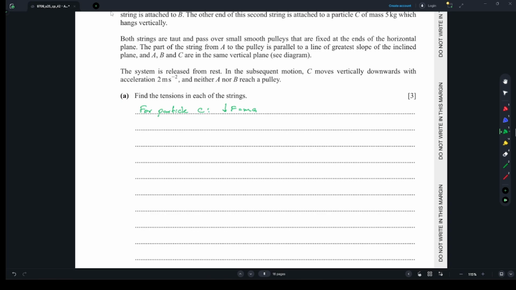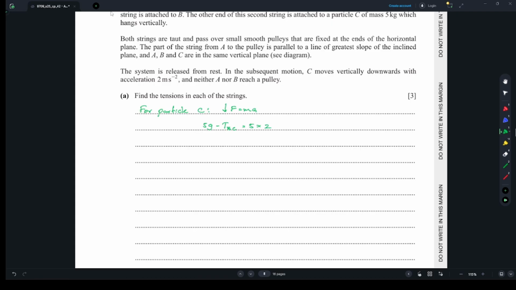So downwards we have 5g force minus TBC, and the mass of particle C is 5 multiplied by the acceleration, which is 2, right?